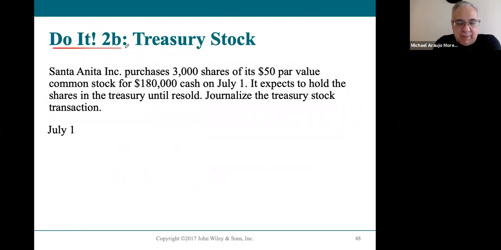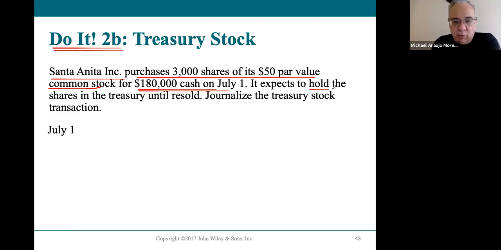We're going to wrap up learning objective 2 by looking at treasury stock in a little more detail, practicing this. We have a company, Santa Anita. They purchased 3,000 shares of its own common stock for $180,000 in cash.